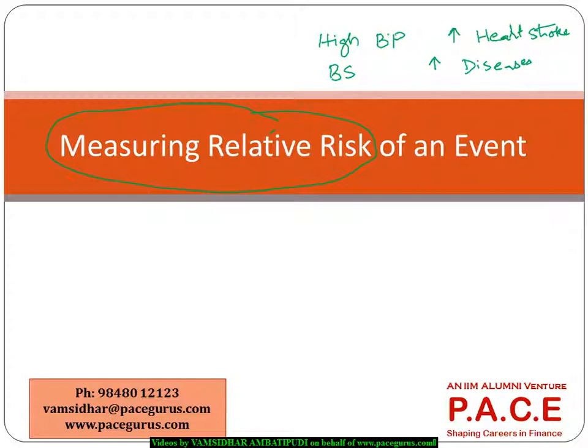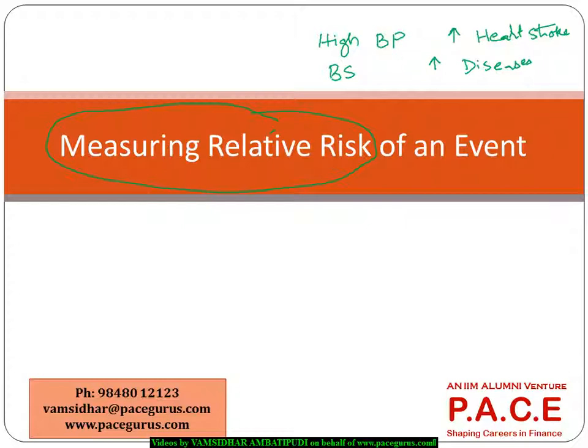And how many times, what is the chance that a person with high blood pressure can get a heart stroke compared to a person who does not have high blood pressure?